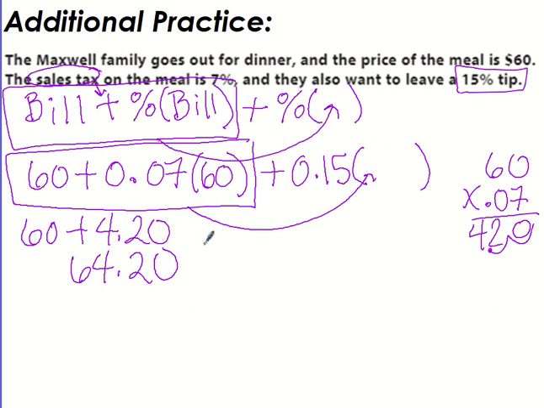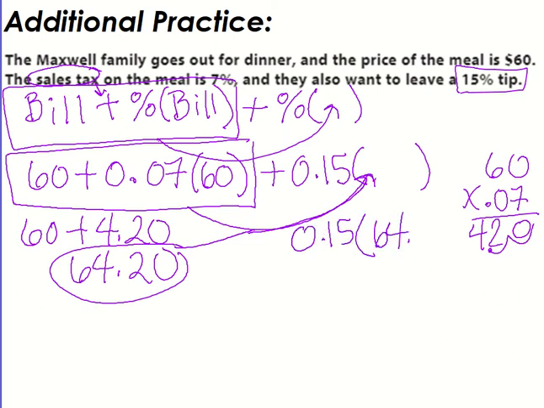So now that I have that part, the box part, I'm going to take that and put it in here. So now I need to take 0.15 and times it by $64.20. And once I do that, I'm going to add these two things together.